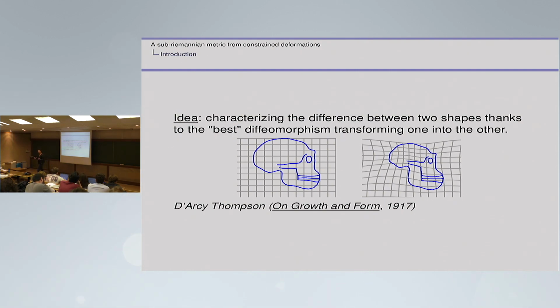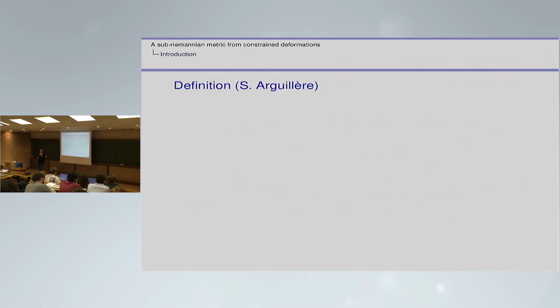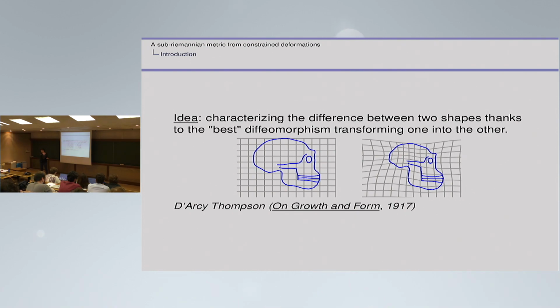In order to formalize that, we need first to specify what a shape is. There are thousands of definitions of the notion of shape in mathematics, in computer vision, or in medical imaging, depending on the analysis that we want to perform. Here we'll use a definition that is adapted to the study via diffeomorphisms.